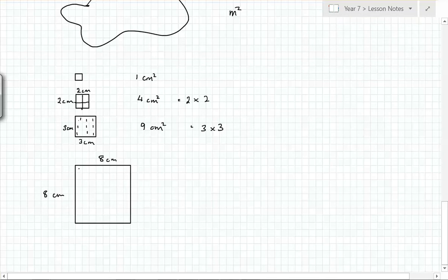You understand? Each row has 8 squares, and I've got 1, 2, 3, 4, 5, 6, 7, 8 rows. 8 times 8 squares, 64 squares. So 8 times 8 makes 64 square centimetres. Okay? Works the same if I have square metres or square millimetres.